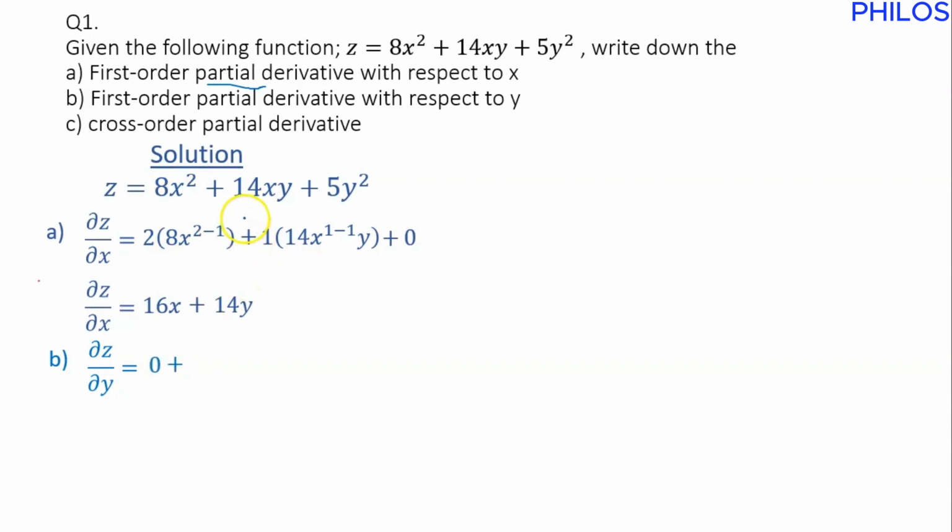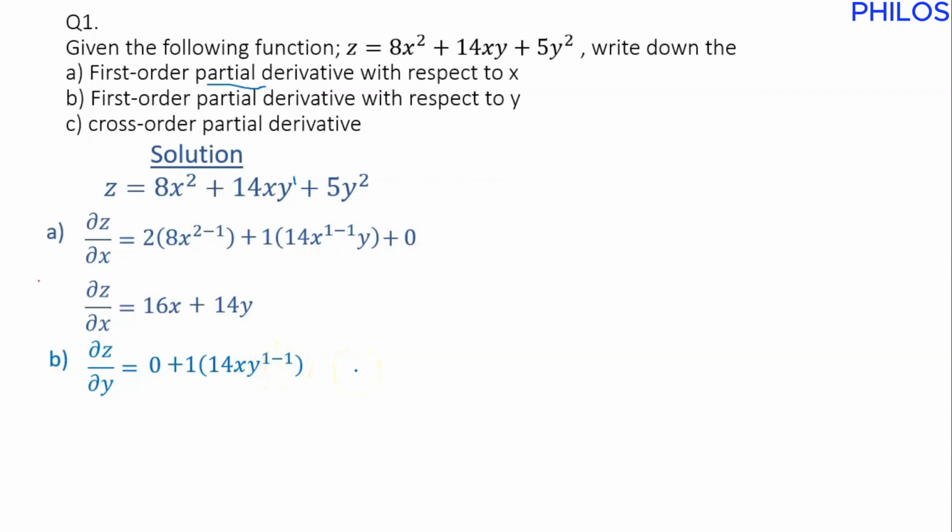Plus, then let's differentiate this second one with respect to y also. Now y has an exponent of 1 here. We multiply the whole thing by the exponent of y, which is 1, and subtract 1 from the exponent. So that should give us 1 multiplying 14x y exponent 1 minus 1.